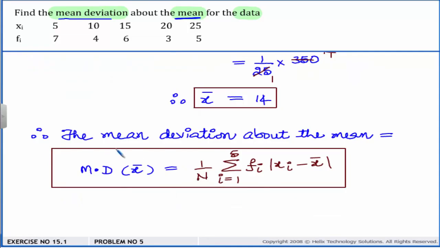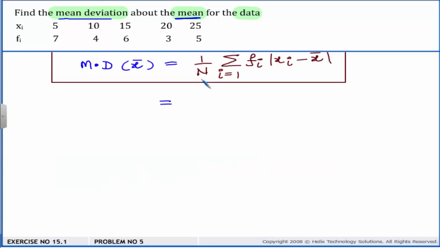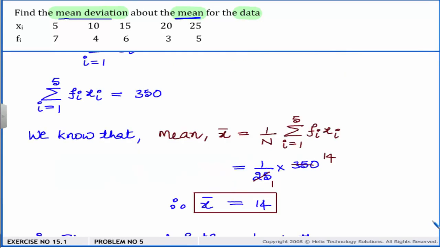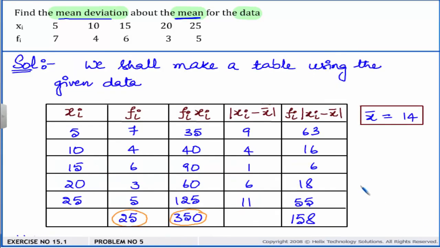Therefore we have the mean deviation about the mean, MD about x bar, is equal to 1 by n into summation of fi into modulus of xi minus x bar, where i is equal to 1 to 5, which is equal to the value of n which we have got in our previous part, 25, multiplied by the summation of fi into modulus of xi minus x bar, which is 158.